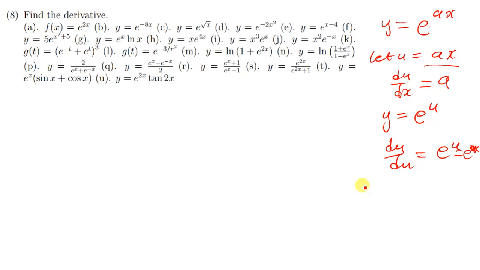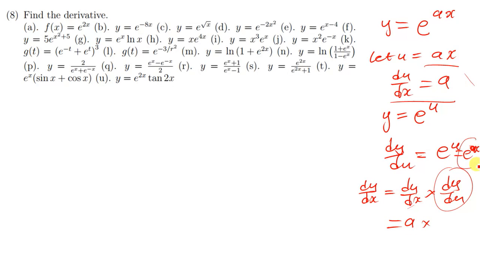To use chain rule, we know that dy dx is given by du dx times dy du. So du dx is simply a, and dy du is simply e to the power ax, meaning the expression will be a times e to the power ax.